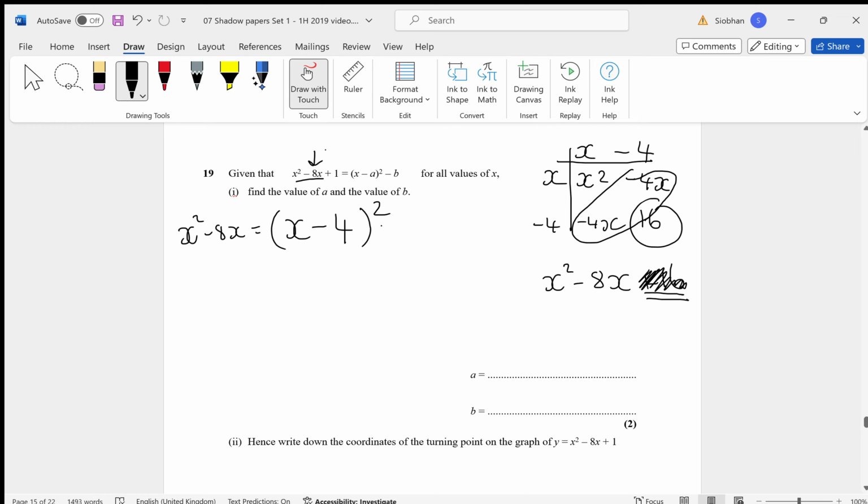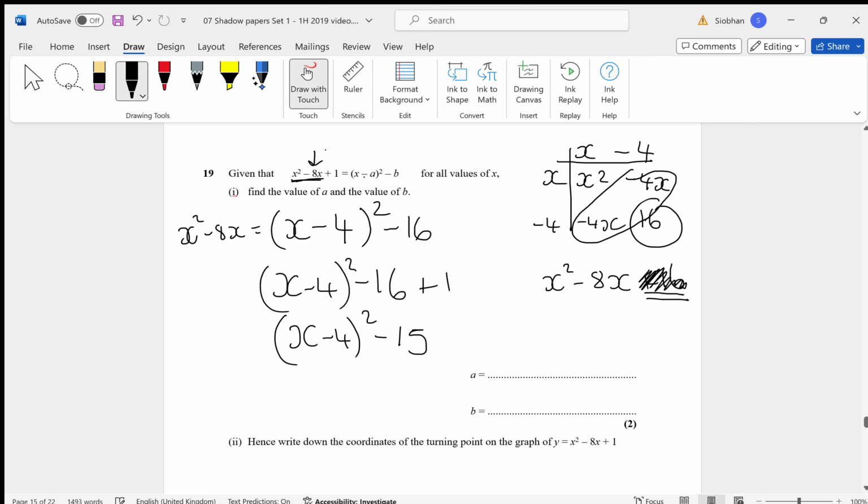So if I have a minus 16 here, they are now equal because I've taken off that 16. So that means x minus 4 squared minus 16 gives us this first bit here. And then if you just drop down the plus 1, they are now equal, and you can tidy it up. So you end up with an isolated x in the bracket, which is great, and a minus 15 here.